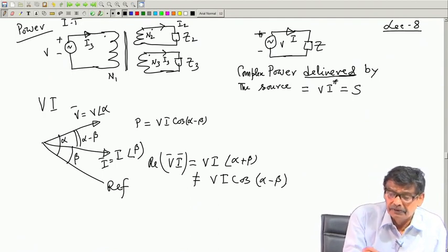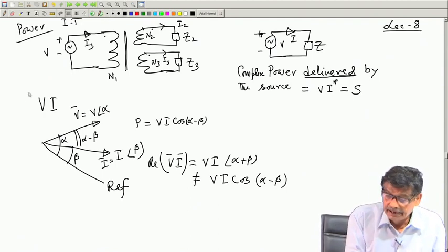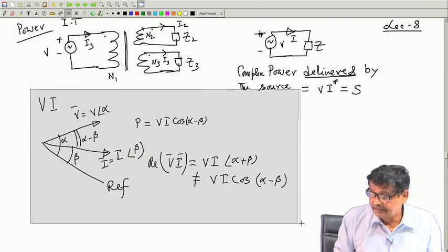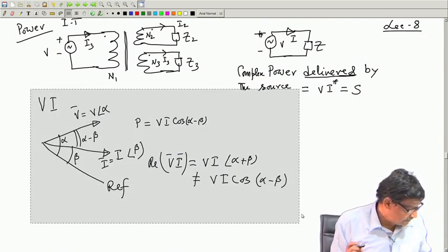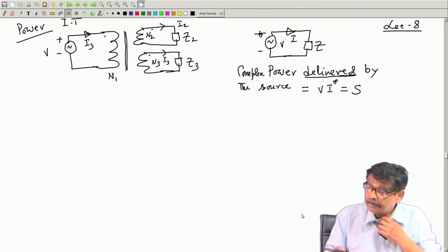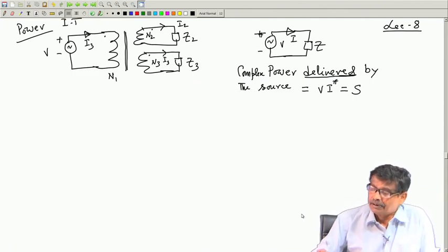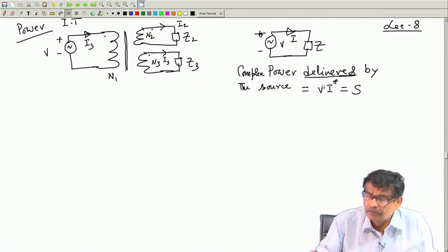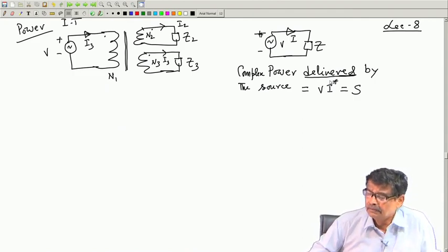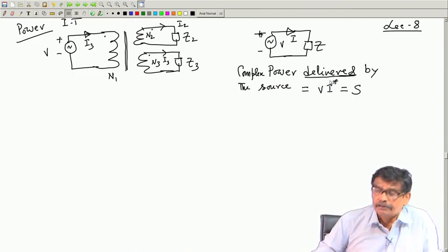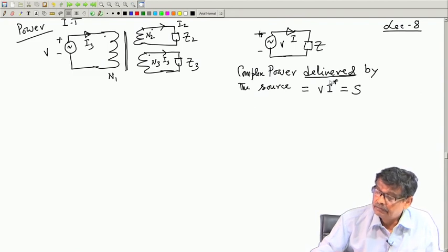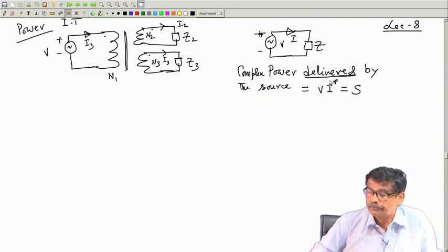You should just remember this. Anyway, this is just a side remark. Therefore, V I star you have to take; mind you, V and I are complex numbers, although I am not putting bars, and this gives you the complex power delivered by the source.